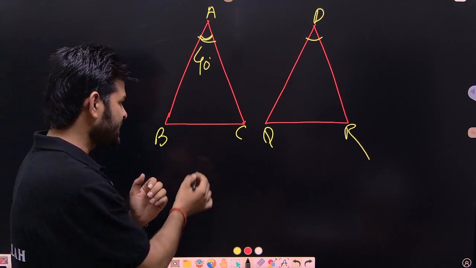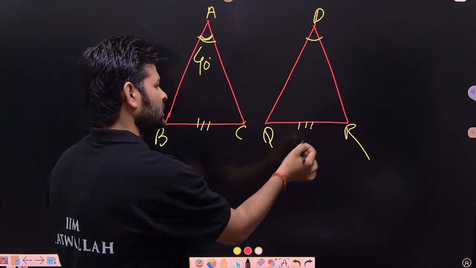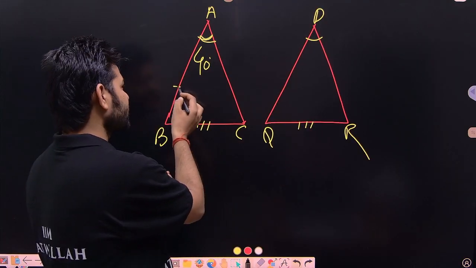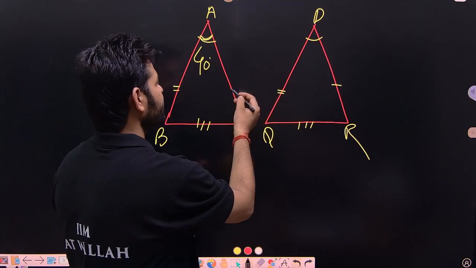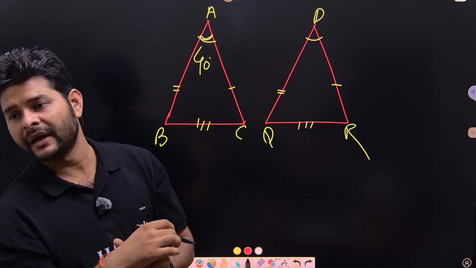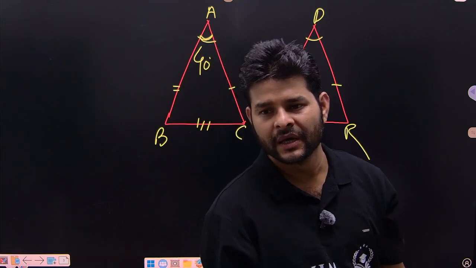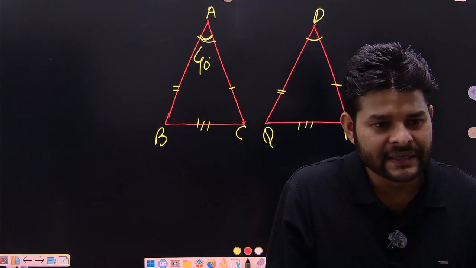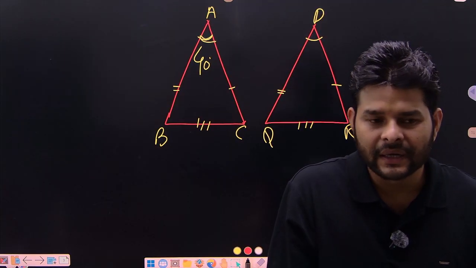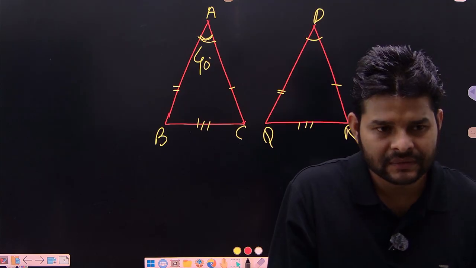So this side is exactly equal to this side, this is exactly equal to this side, and corresponding angles must also be equal. Then it is said that the given triangles are congruent.